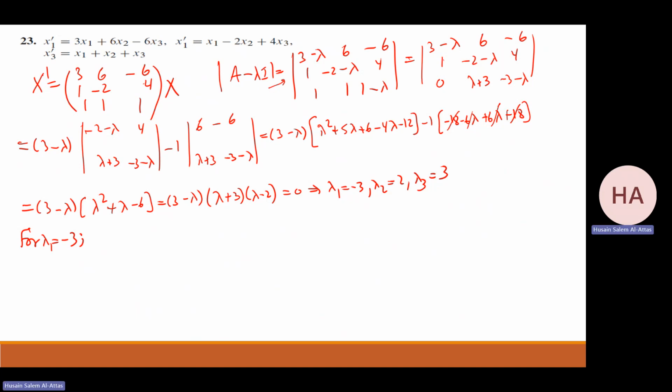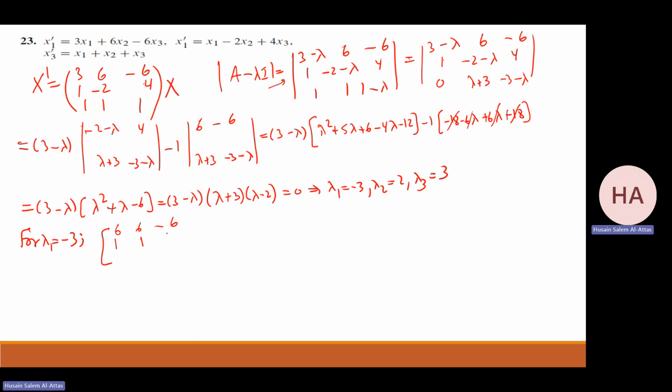I have lambda 1 equal -3. What do I have? 3 minus, that will be 6. 6 minus 6. 1 minus 2 plus 3.